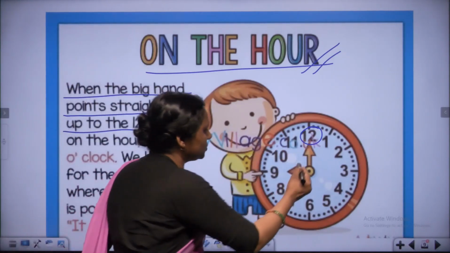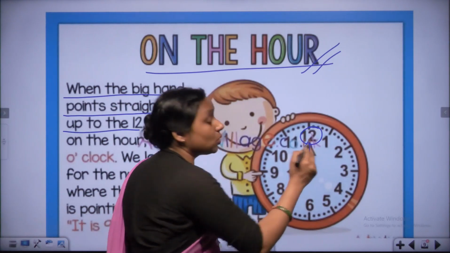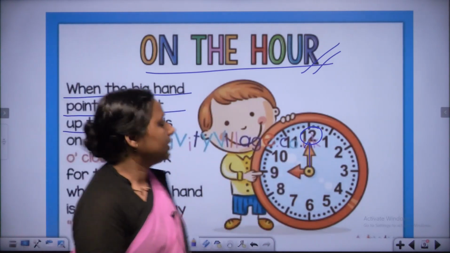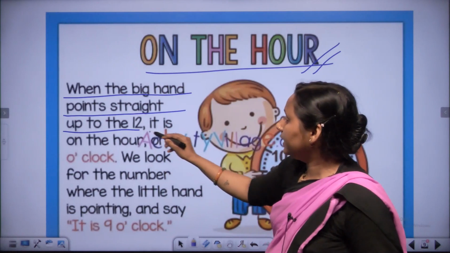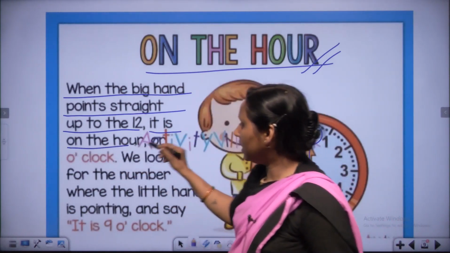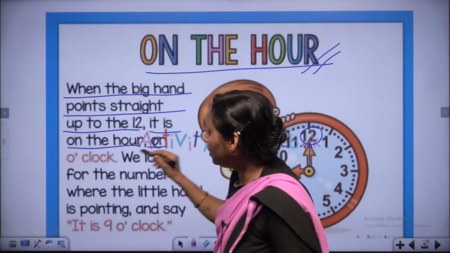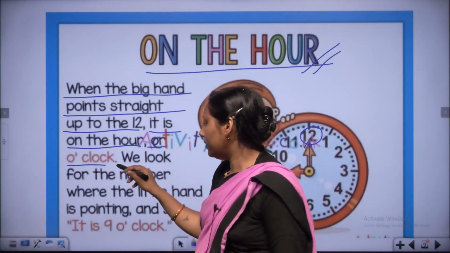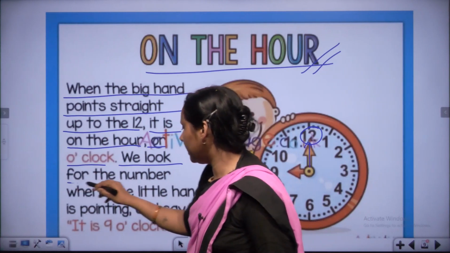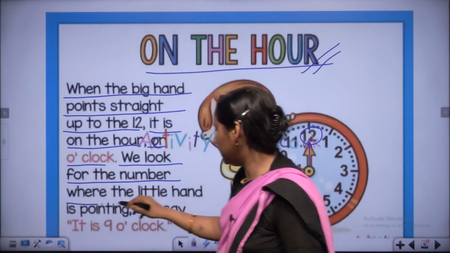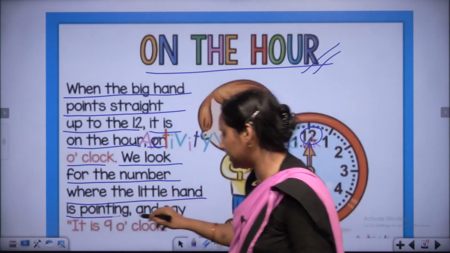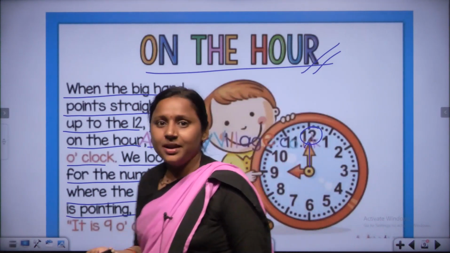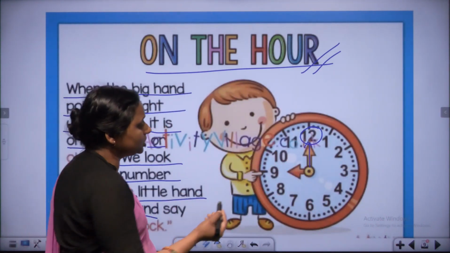Yes, the minute hand goes to 12, which means o'clock. Okay, it is on the hour or o'clock. Okay, 12 means o'clock. We look for the number where the little hand is pointing.